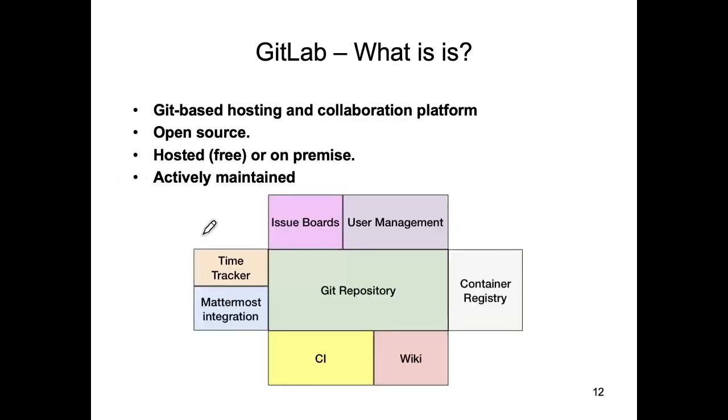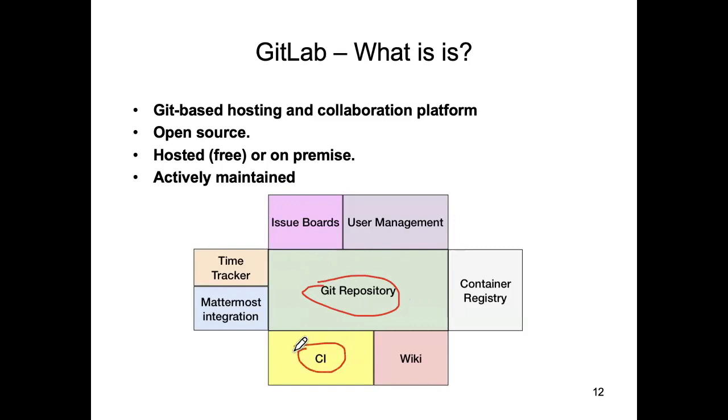So GitLab is much broader than continuous integration. There are a number of modules, if you like, that make up the GitLab service. At its core, it provides a Git repository. So that's the alternative to GitHub. Down here, one of the modules is the continuous integration one. That's the one that we're going to focus on.